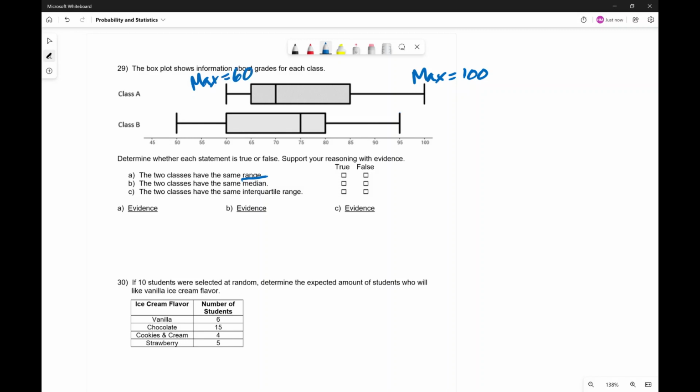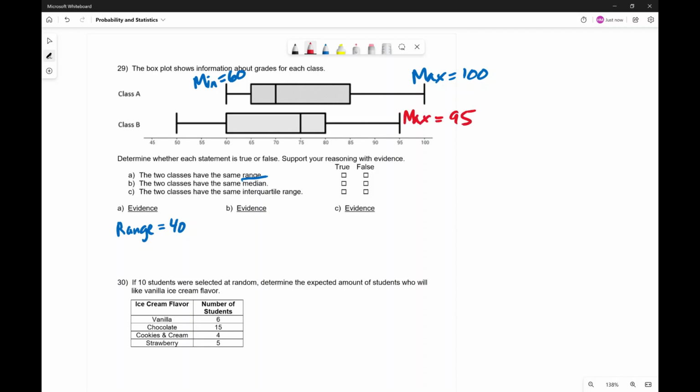So to find the range for class A, that will be 40, because 100 minus 60 gives us 40. To find the maximum for class B, we can see that's at 95.